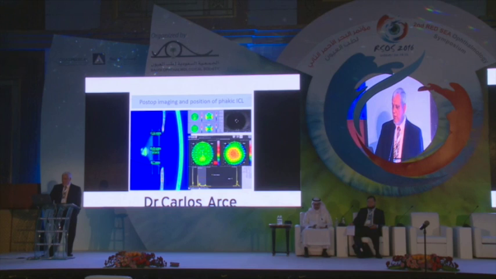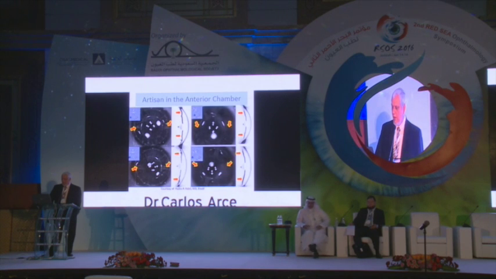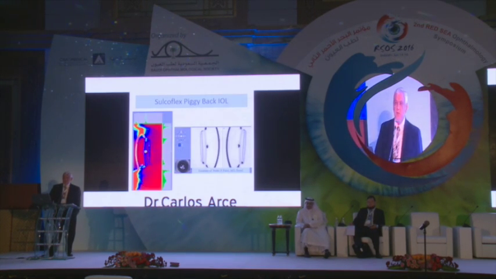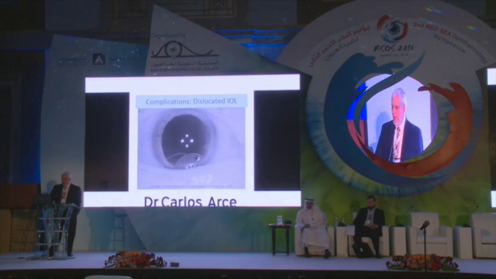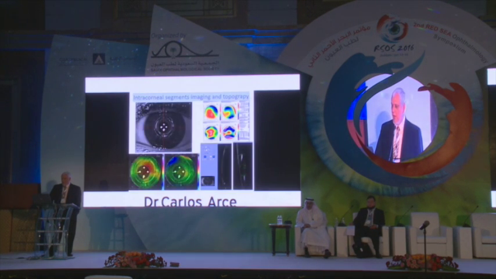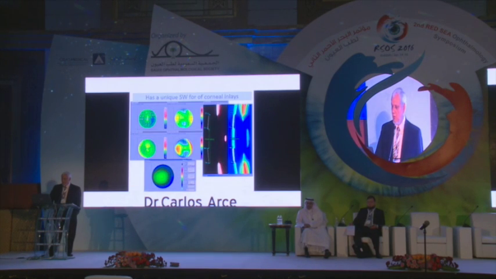So several images we have now. This is an ICL in the cornea, the Artisan in the anterior chamber, Sulcoflex, piggyback IOL, toric IOL, complications like dislocated IOL, intracorneal segments that we are going to talk about this afternoon.